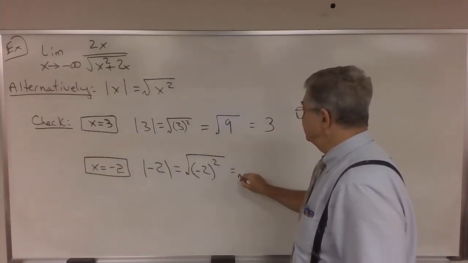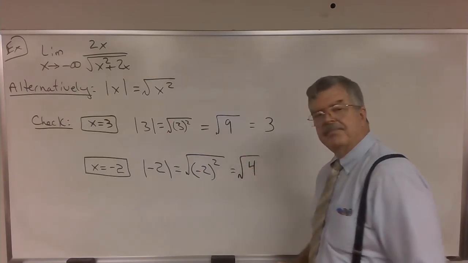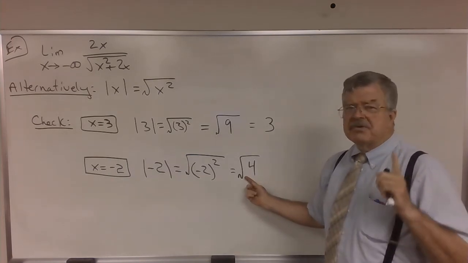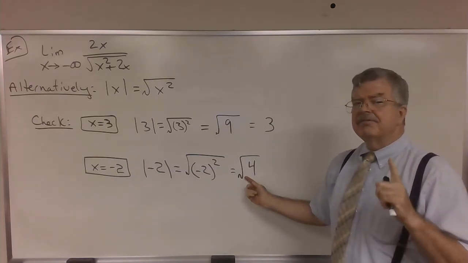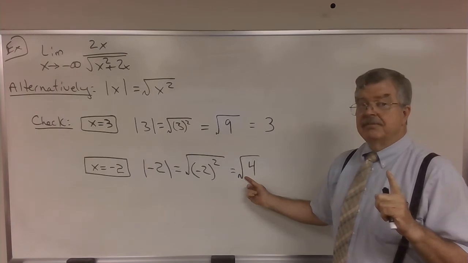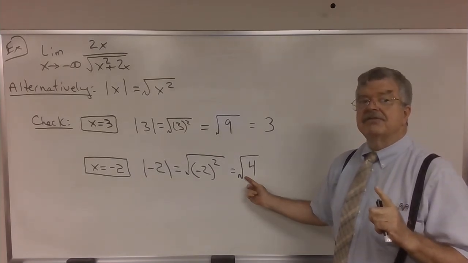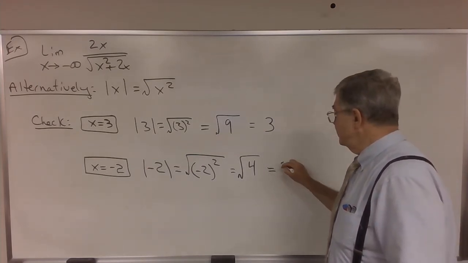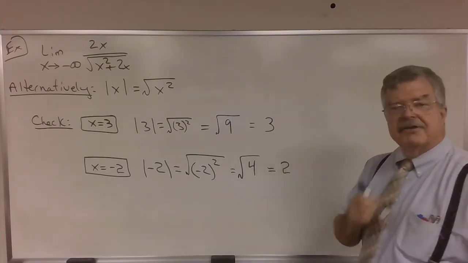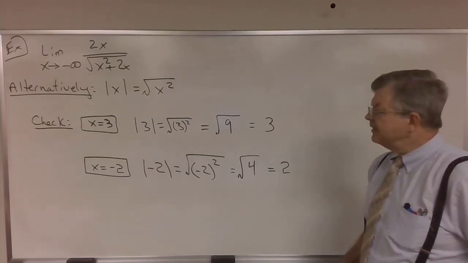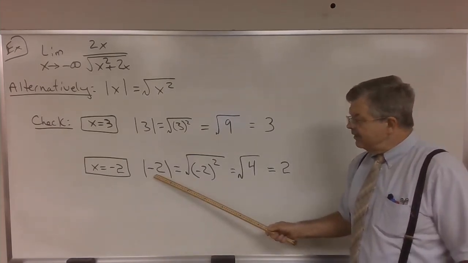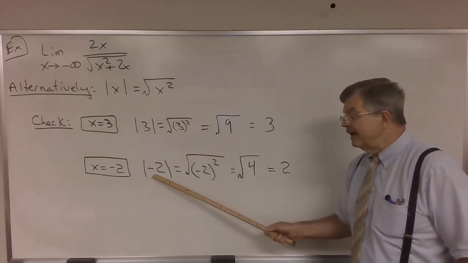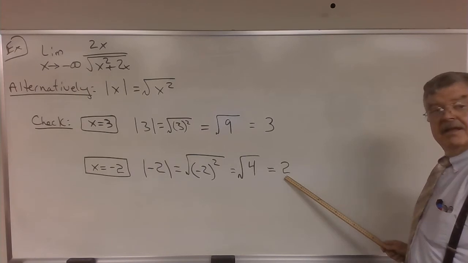And this gives us square root of 4. And because the square root function can only give us back one answer by convention, it's going to give us the positive square root, which is 2. And son of a gun, it works. The absolute value of negative 2, according to this definition, is 2.